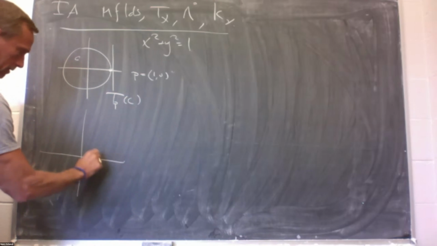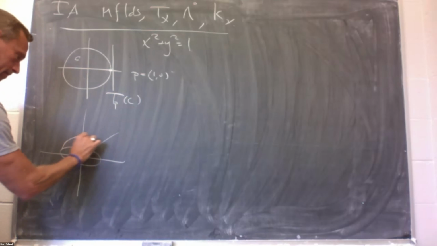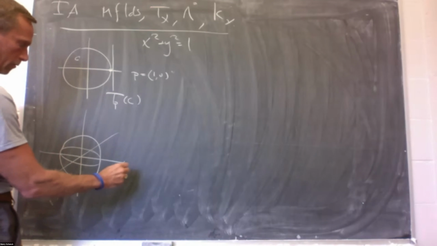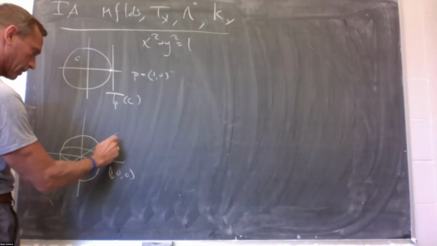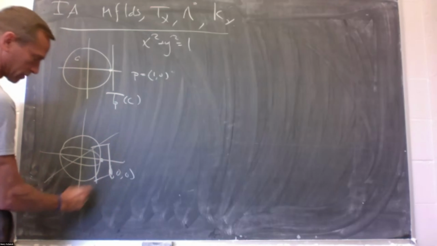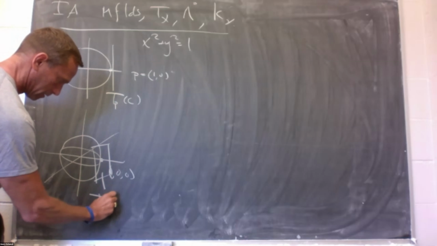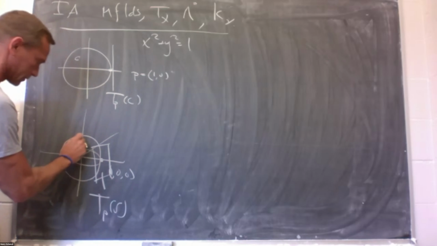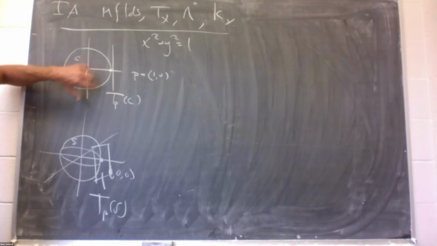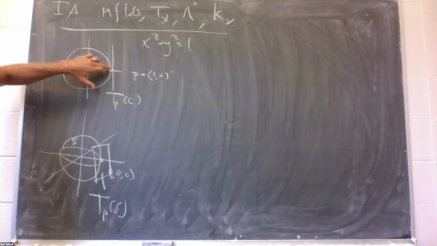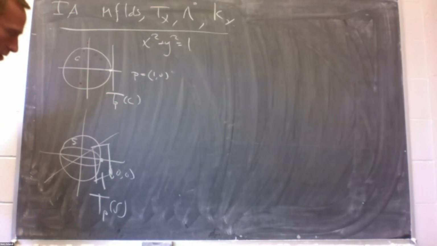Similarly, if we did the sphere, we might take the analogous point (1, 0, 0) and draw the tangent plane. So here's our sphere. And of course, there's not just one of these. At any point on the circle, we have a tangent line. At any point on the sphere, we have a tangent plane.